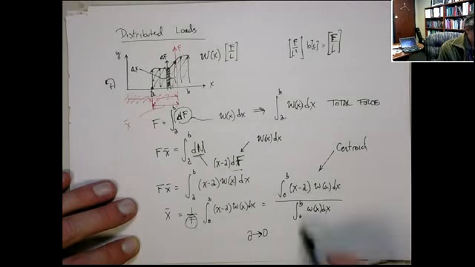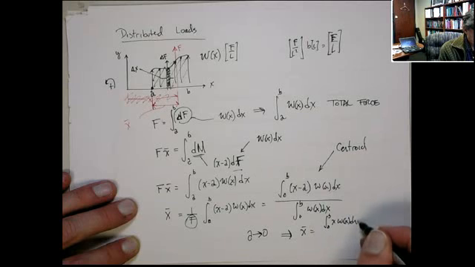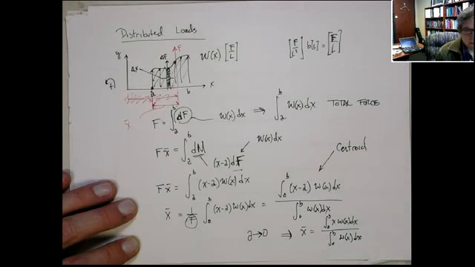You can see that this just gives us x bar equal to the integral of x w(x) dx over the integral of w(x) dx. See that that is the centroid, that's the definition of the centroid. If you're not used to seeing these, you should go back and review it.